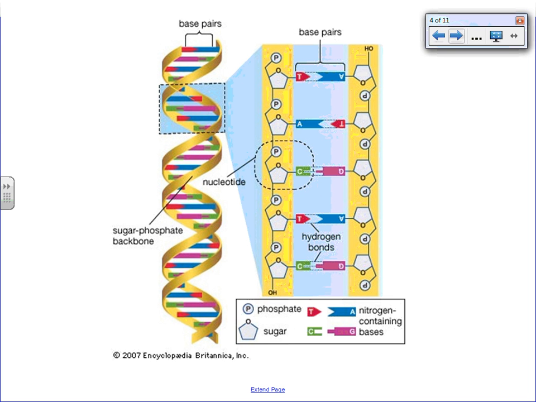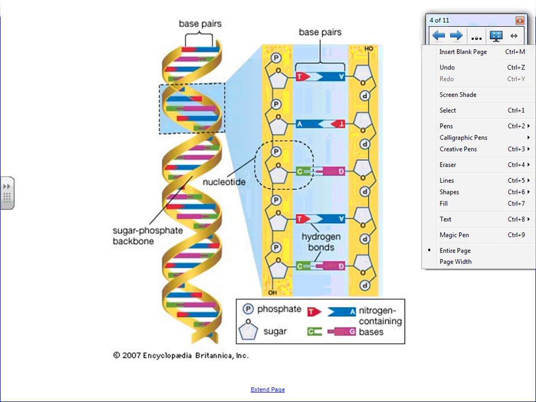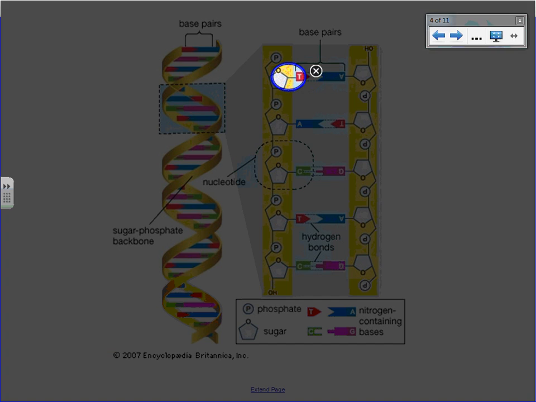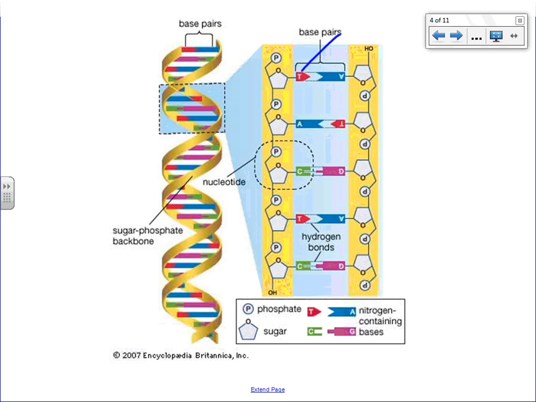Now here's just a quick review of what we've covered so far. The molecule you're looking at right now is known as DNA, deoxyribonucleic acid. We can see a couple of things here in our DNA. We see the individual bases here, here, here. We also see those same bases in a fun 3D form along here.